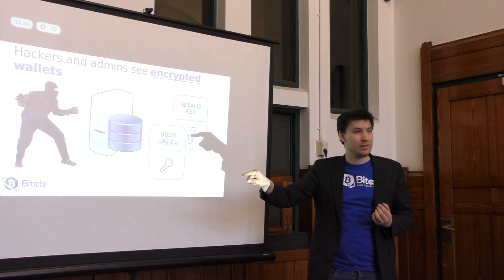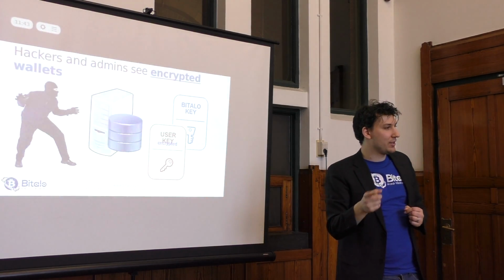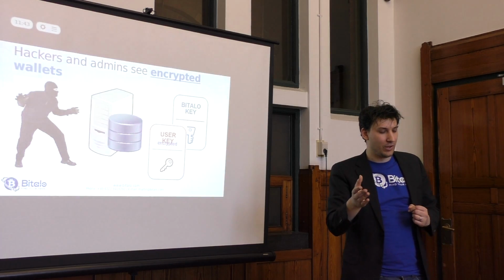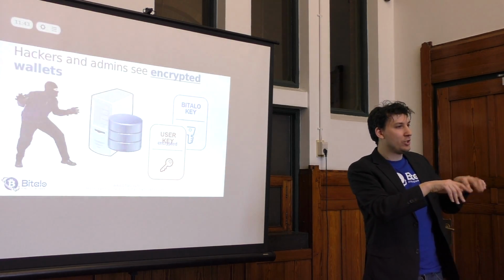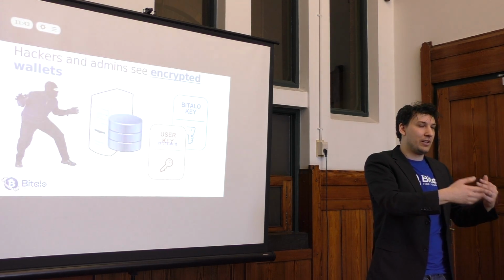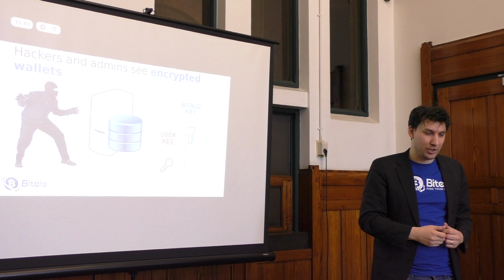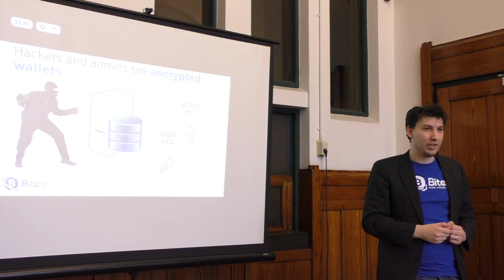He needs the second key from the user, and the user can only sign the transaction when it's copied back to his browser. He has to decrypt it with his password and sign the transaction on the user side. And only then can the bitcoins be moved.